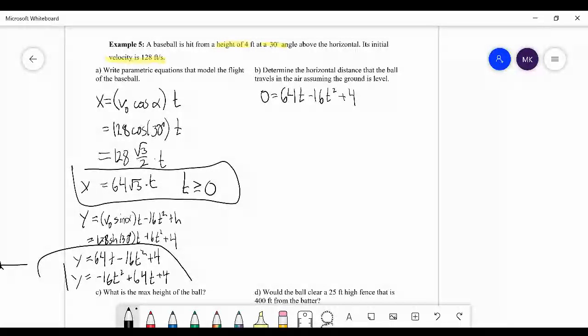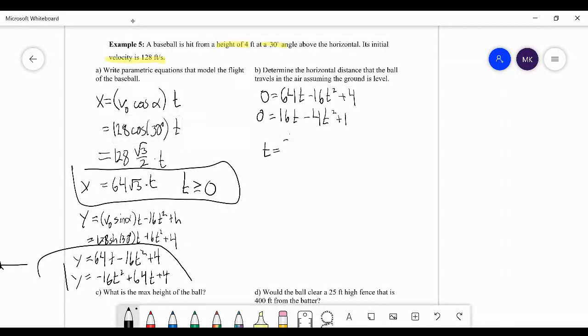Now, all of these terms are divisible by 4, so if we factor that 4 out, it just goes away. So this is the same as the expression 16t minus 4t squared plus 1. Now, how am I going to solve this? I don't want to try and factor this, so we use our lovely quadratic formula. Our b value is the 16.